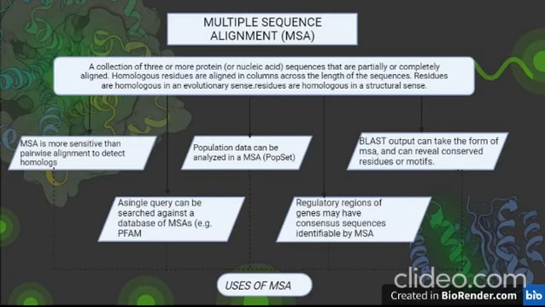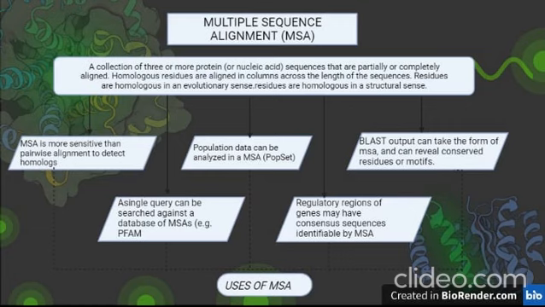Eighth, population data can be analyzed in a multiple sequence alignment, that is by the pop set. Ninth, BLAST output can take the form of multiple sequence alignment and can reveal conserved residues of motifs.